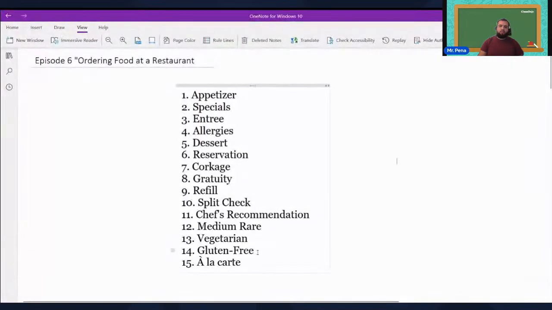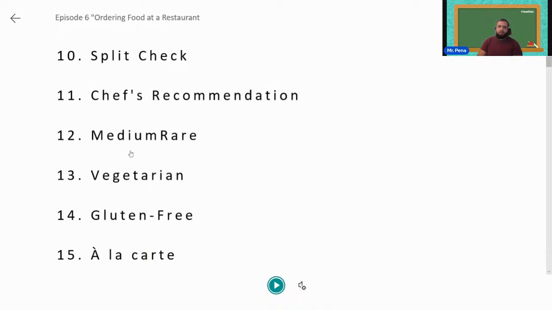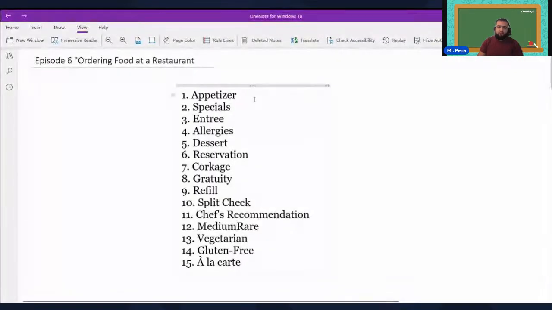I cannot get to medium rare altogether from the immersive reader. So let's try. Almost. Is it gluten? Okay. So those are some of the pictures that they allowed us to see.